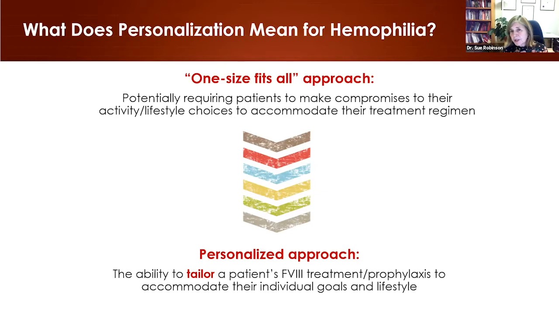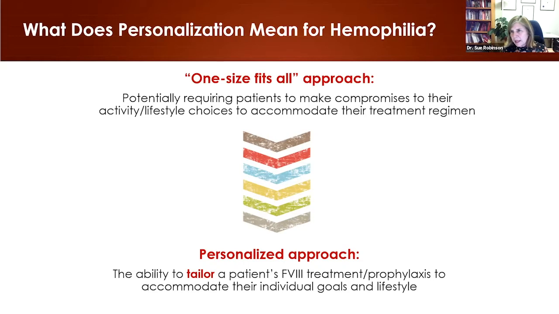The one-size-fits-all goes back to prophylaxis that was first studied in Sweden in the 1950s, and it showed that there was a definite effect. If you were able to keep the factor VIII level above 1%, there was a big difference in the bleeding rate.